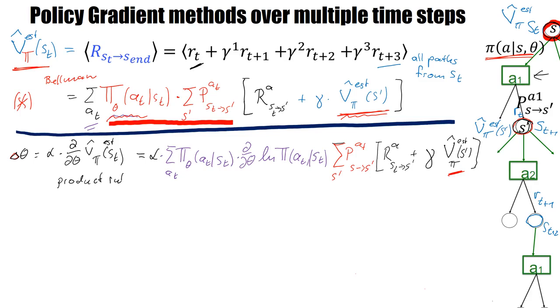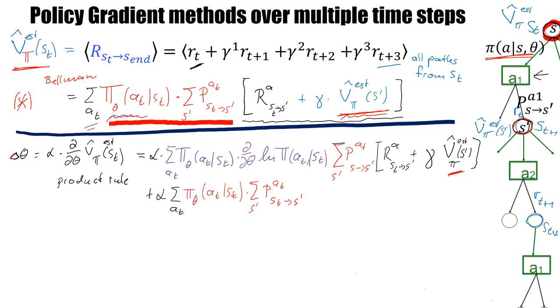For derivatives, this gives another term, plus alpha, and in that case I just copy the red terms from the start equation, so it's P theta of a_t, s_t, and P of a_t, s_t to s prime, and then I take the derivative inside these black brackets over here.